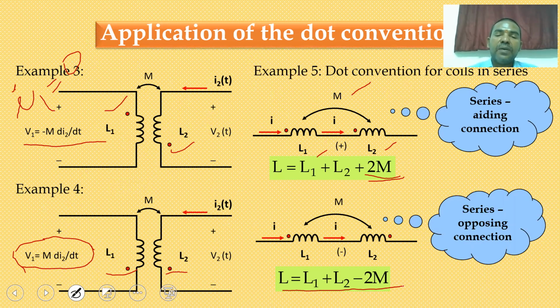So at that time the overall equations you get are L equal to L1 plus L2 plus 2 times M, and in the other case L equal to L1 plus L2 minus 2 times M. Are you understanding all of these, students? So this is the concept of mutually coupled circuits.